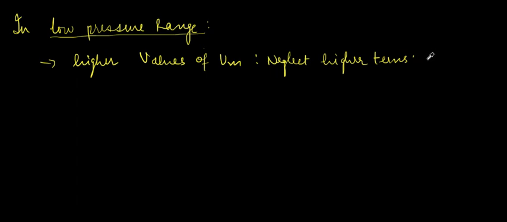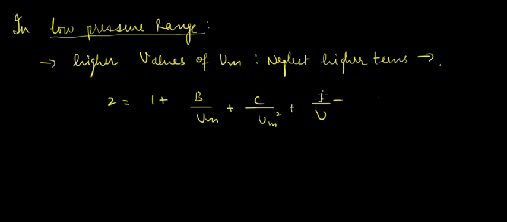Using the equation from the previous lecture, Z can be written as 1 plus second virial coefficient divided by Vm, plus third virial coefficient divided by Vm square, plus there would be more coefficients, let's say some x upon Vm cube plus y upon Vm to the power 4 and so on.